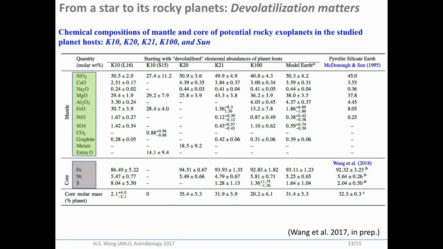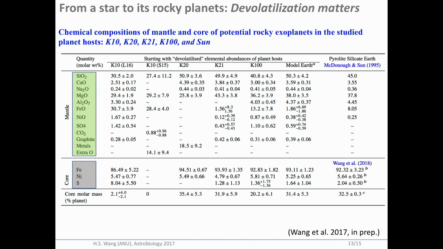This is my last slide. So based on this devolatilization algorithm, and based on the assumption for the initial chemical system for the mantle and the core, we can compute the mantle and the core composition as well as the core mass fraction for these selected cases.